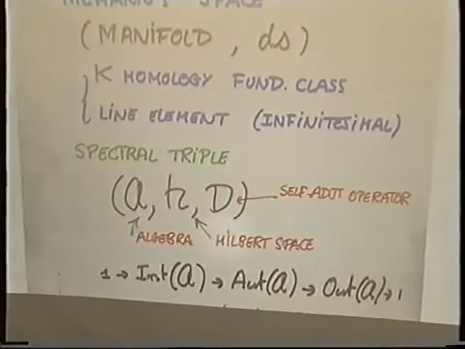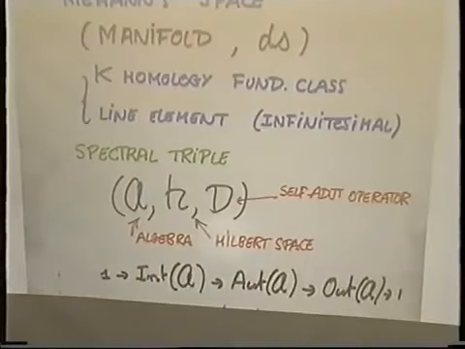Why? Because if we think very naively of diffeomorphisms as being automorphisms of the algebra of coordinates, that's what it should be. It turns out that because the algebra is not commutative, this group of automorphisms actually contains a normal subgroup, always non-trivial, which is the group of inner automorphisms. So it always has this structure. You cannot avoid it.